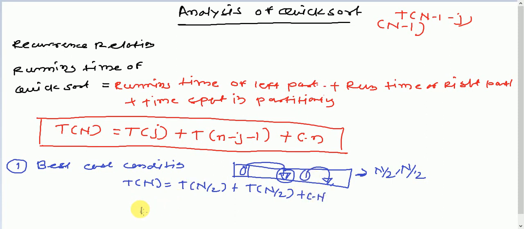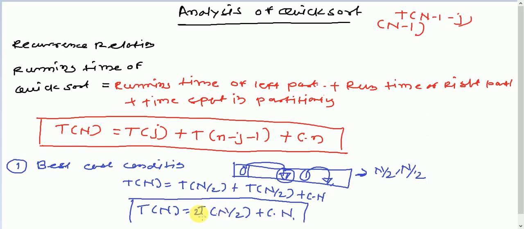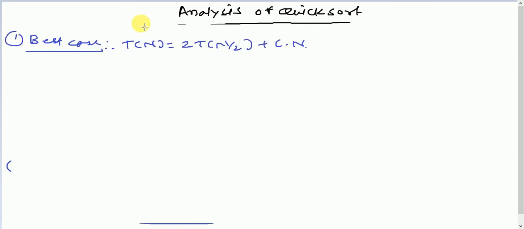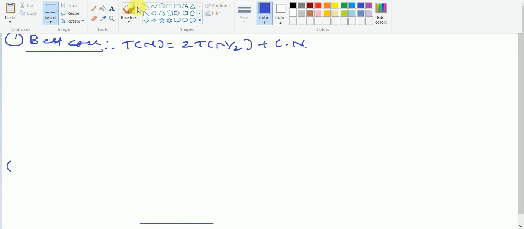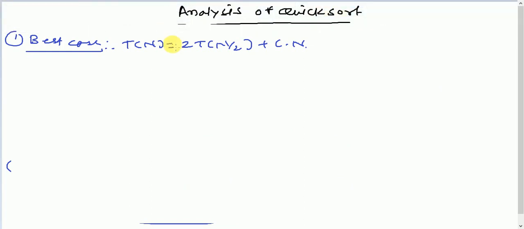So we'll write here in the best case condition, the equation is t of n is equal to 2t of n by 2 plus c into n. This is the best case equation, that is, left and right partitioning is the same because my pivot element always finds its middle position. So the selected pivot element always gets at the middle.